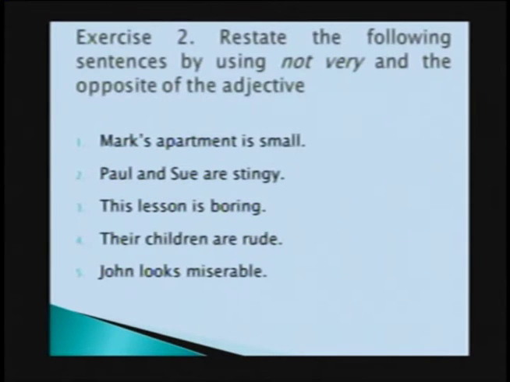These are sentences that might be too direct. Mark's apartment is small. You don't say that. You have to be careful when it comes to aesthetic elements. You don't talk about a person's house like that, at least not in a few contexts. So you just be careful.